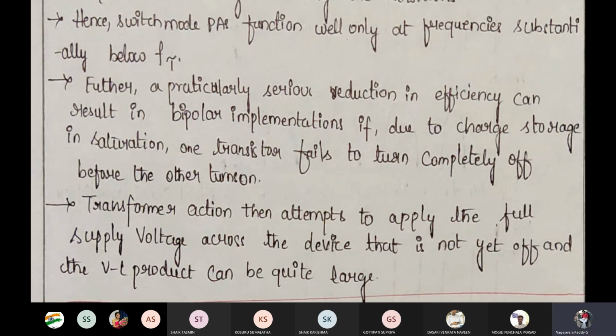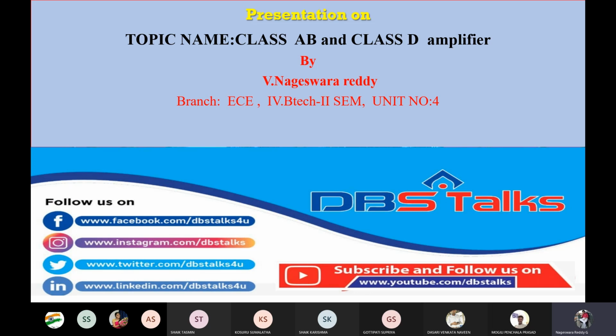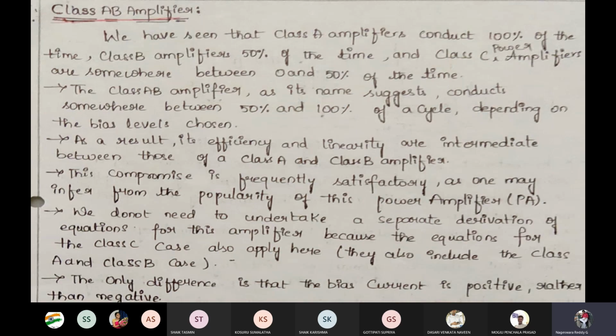So once again I can explain what is meant by class AB amplifier and what is meant by class D amplifier. Few points about the class AB amplifier: the conduction angle is between 180 degrees and 360 degrees.